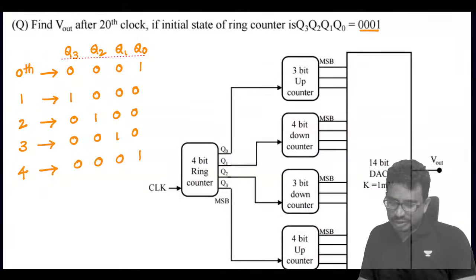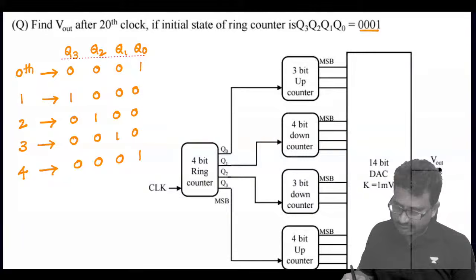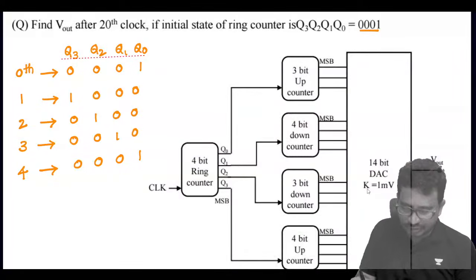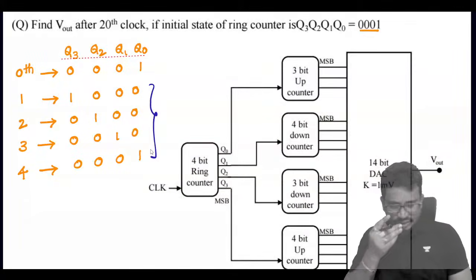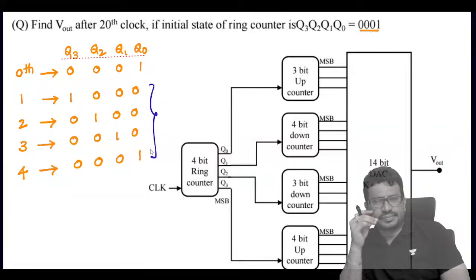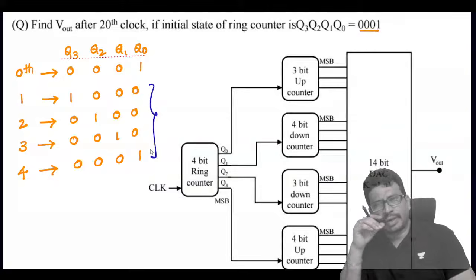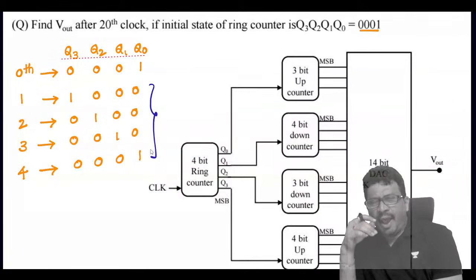Now you see this. How many clocks did they give? 20 clocks in this. So if you observe, these 4 clocks happen like this. 20 clocks means each thing is repeated 5 times. Yes or no, tell me. 5 times will repeat.